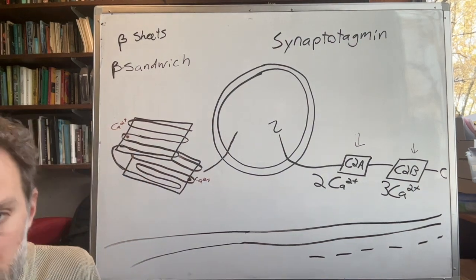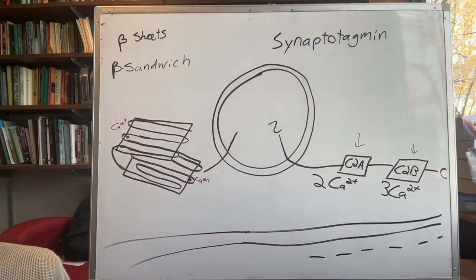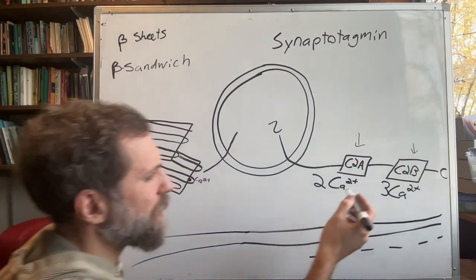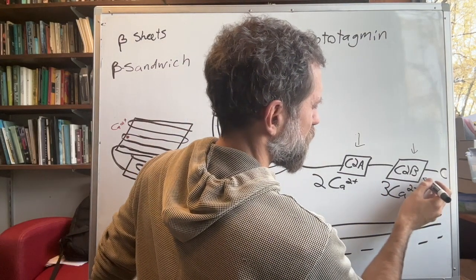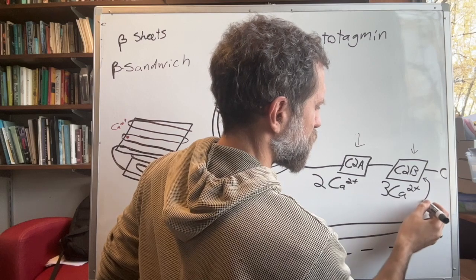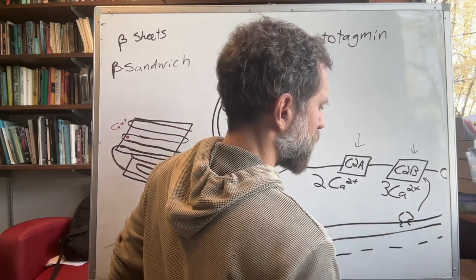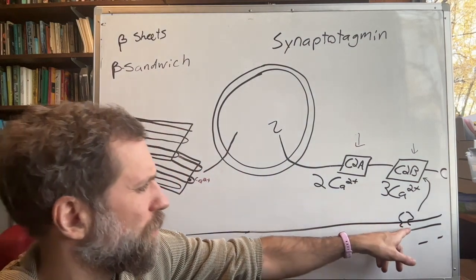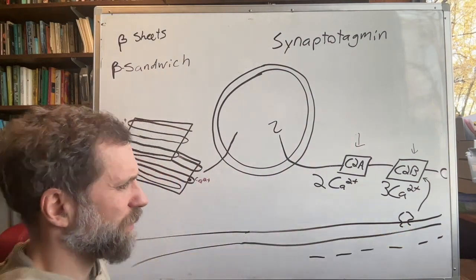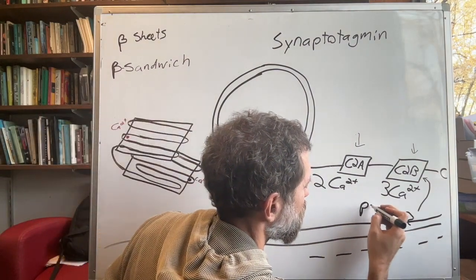Now there's something else here as well besides just this electrostatic charge, but the C2b sandwich here can bind to a structure in the postsynaptic membrane that's called PIP2.